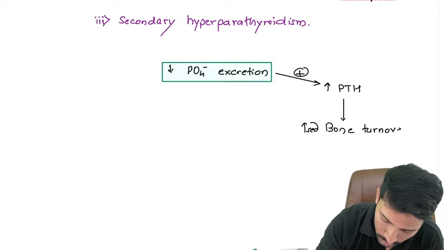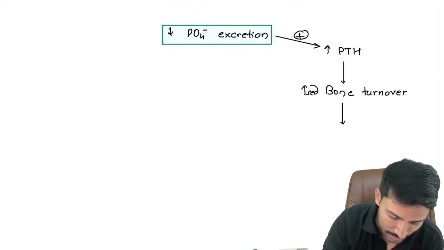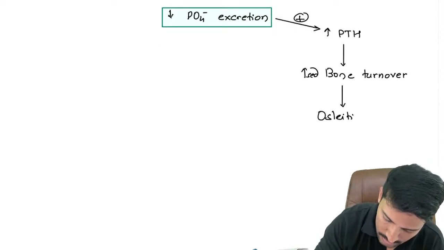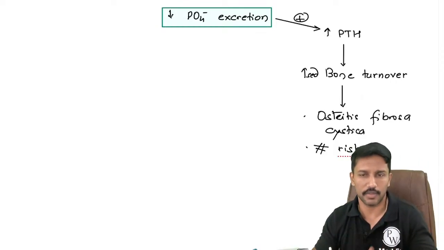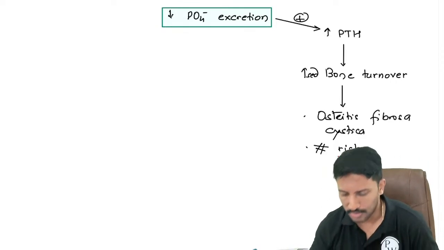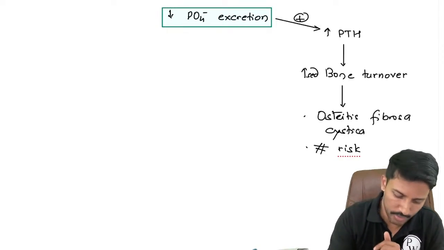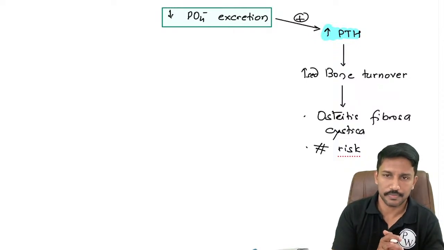And because of the increased bone turnover, we can develop a complication called osteitis fibrosa cystica and increased fracture risk. Many patients of CKD end up developing severe fractures, especially the spine fractures, hip joint fractures. Okay, so that is one complication related to secondary hyperparathyroidism.